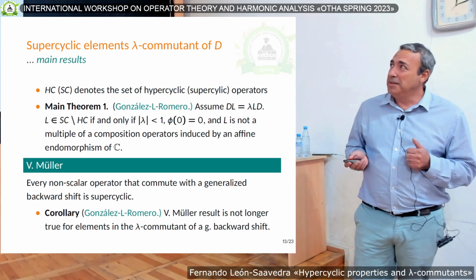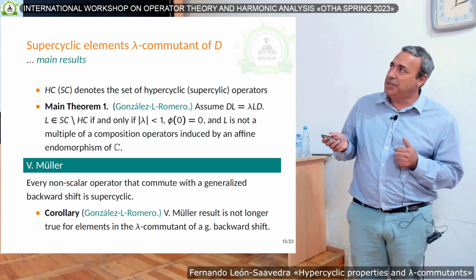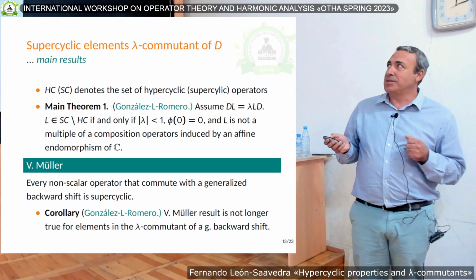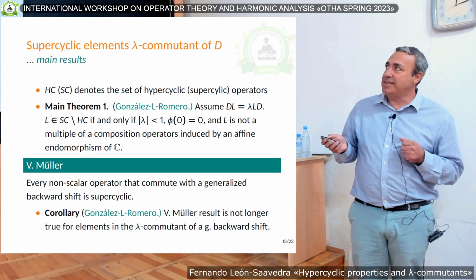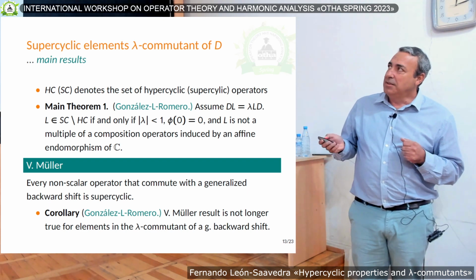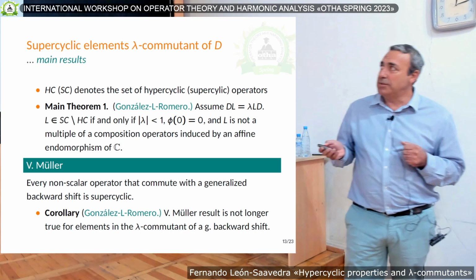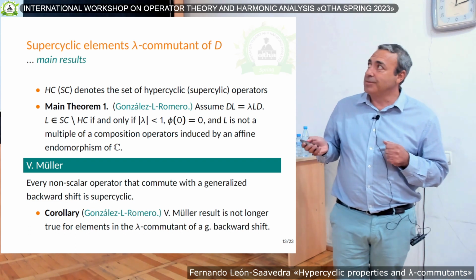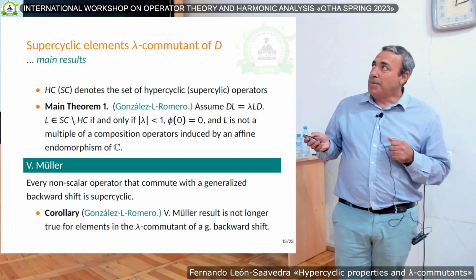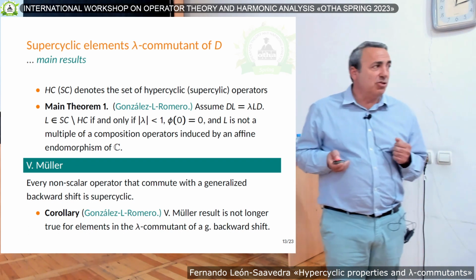And here we denote by HC the set of hypercyclic operators, by SC the set of supercyclic operators. This is our second main result about supercyclic elements in the lambda commutant.